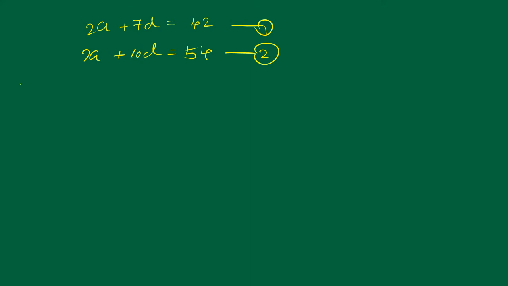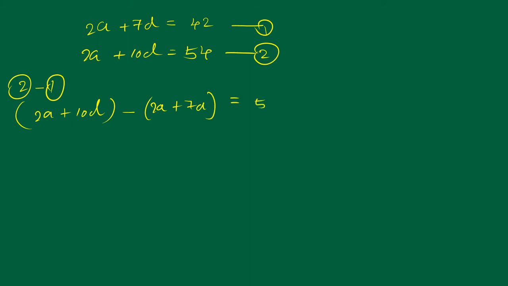You can subtract this way, 2 minus 1, and this means 2a plus 10d minus 2a plus 7d is equal to 54 minus 42, and you get here 3d is equal to 12, right? Then you can find out that d is 4, right?